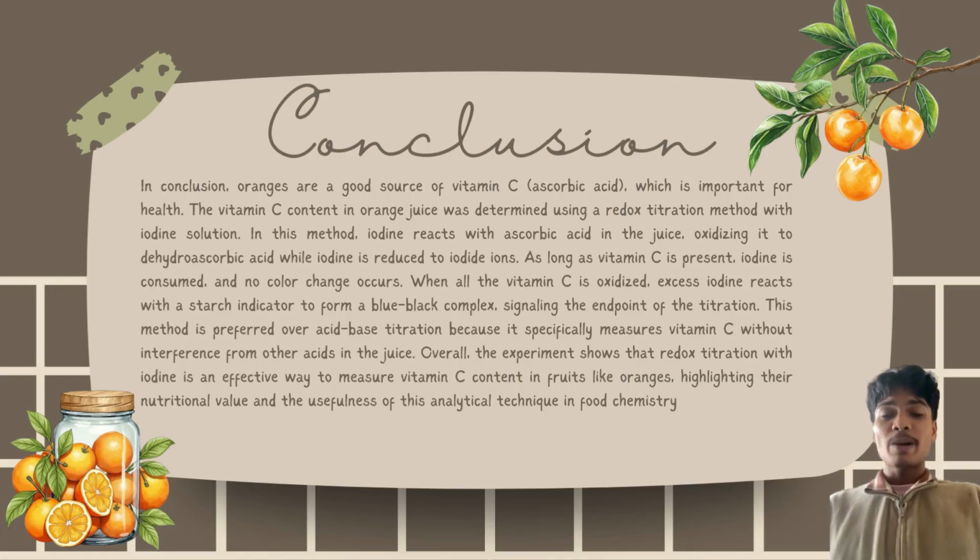Overall, the experiment shows that redox titration with iodine is an effective way to measure vitamin C content in fruits like oranges, highlighting their nutritional value and the usefulness of this analytical technique in food chemistry.